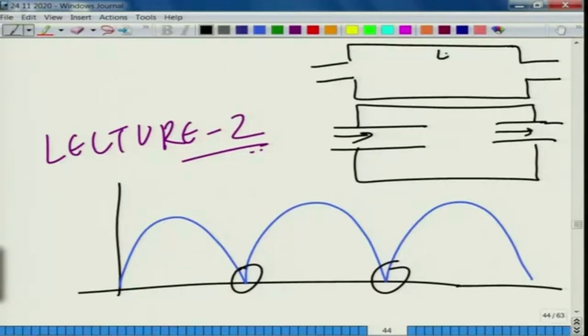So, the length L remains the same, and the only difference is that the pipes are inserted into the chamber. Let me say this is configuration 2 and this is configuration 1.